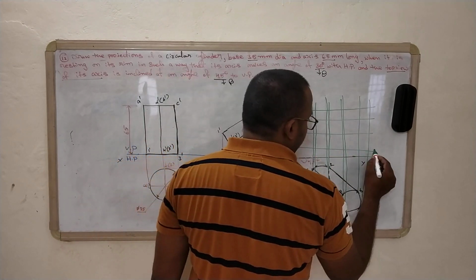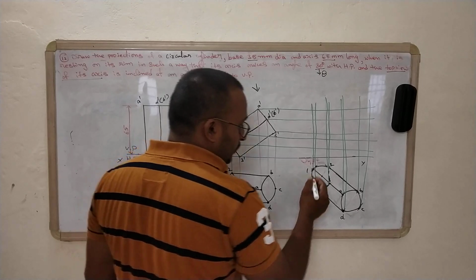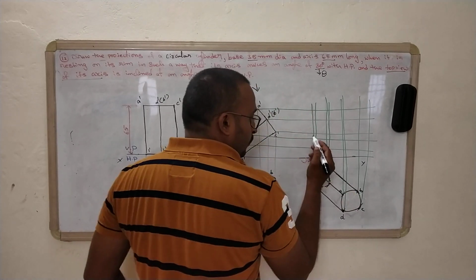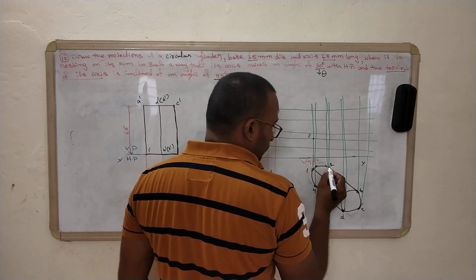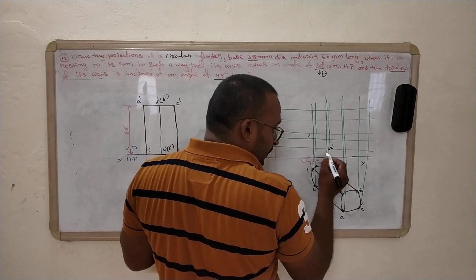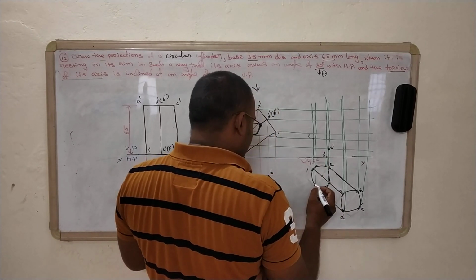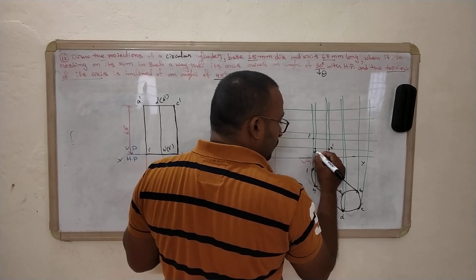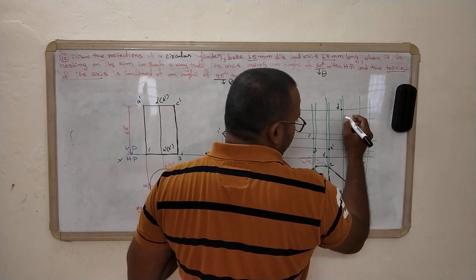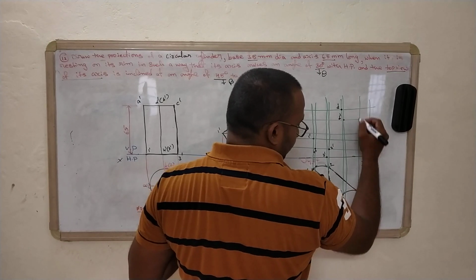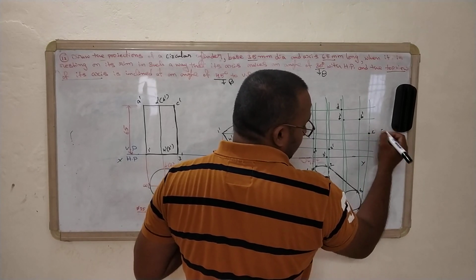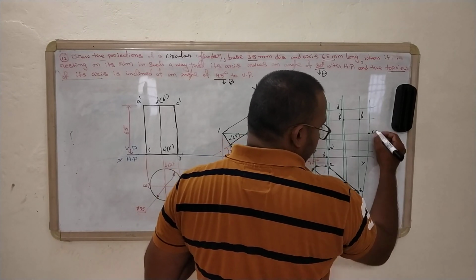So here we will get the 1 2 3 surface, here 1 and 1 intersecting point, 1 dash, and then 2 dash intersecting point, 2 dash, and then 3 dash intersecting point, 3 dash, and then 4 dash intersecting point, 4 dash, and then A intersecting point, A dash, D dash, B dash, and then finally C. Here this is the C.